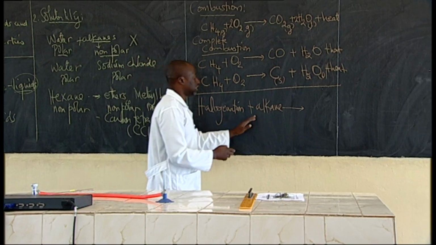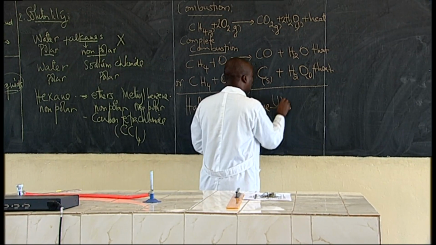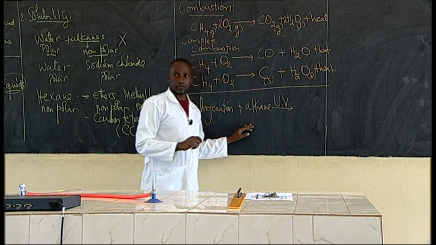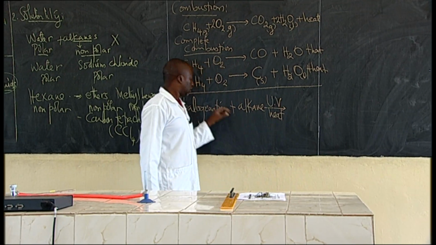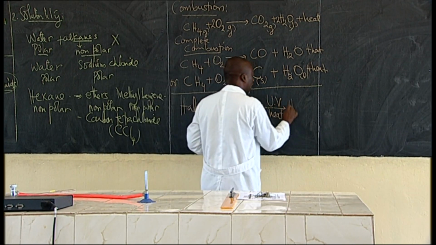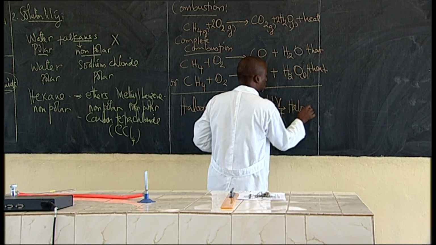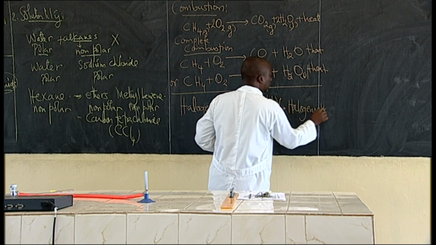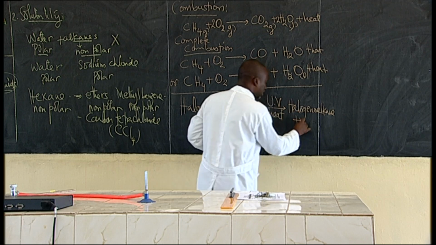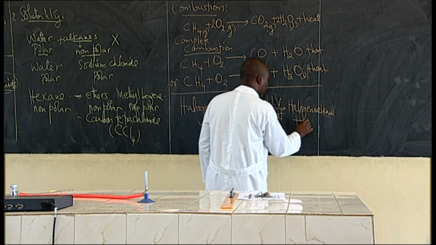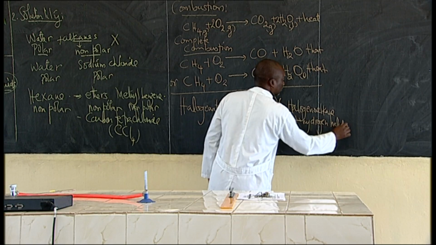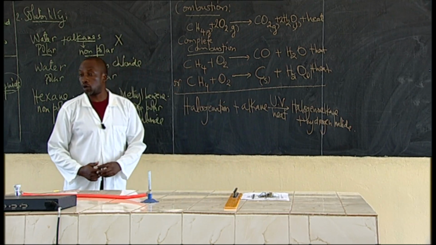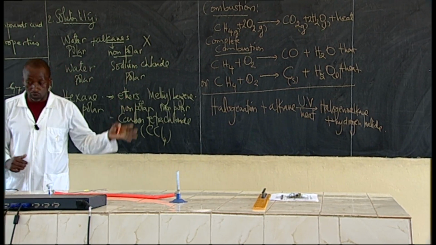This reaction takes place in the presence of ultraviolet light or in the presence of heat. And this will give halogenoalkane plus the hydrogen halide. So that is the general name of the compounds that will be formed.